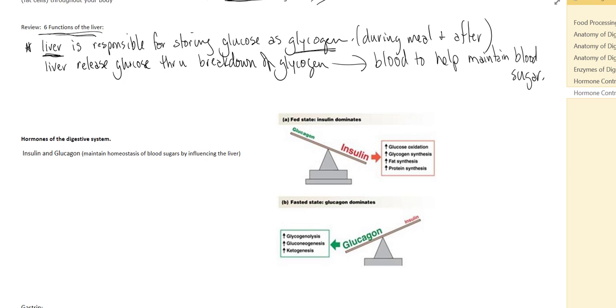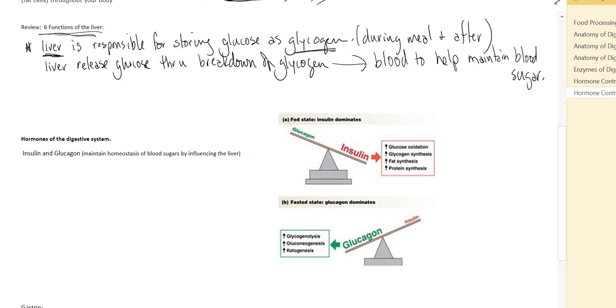Okay, so taking off from where we left off. As I finished on the previous video, the liver, along with the pancreas, is working towards maintaining homeostasis of blood sugar.